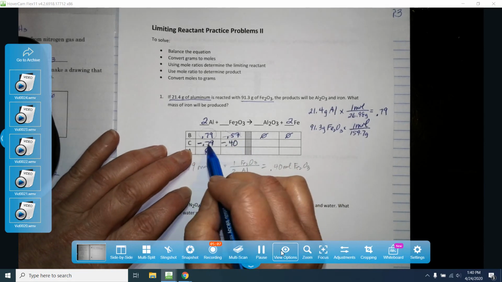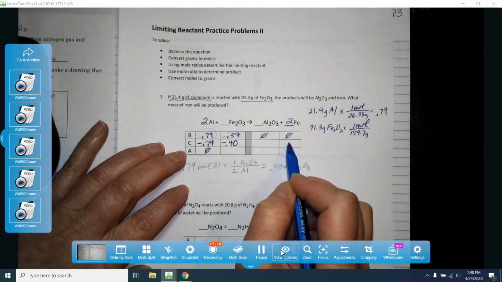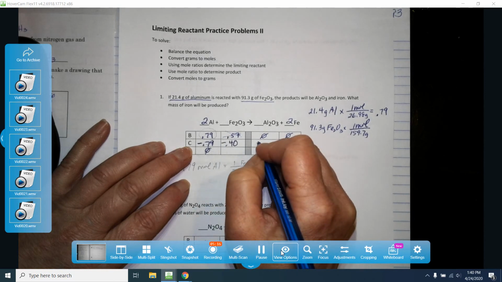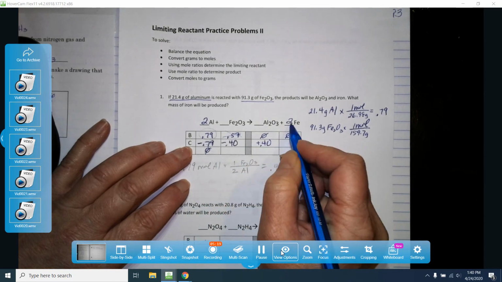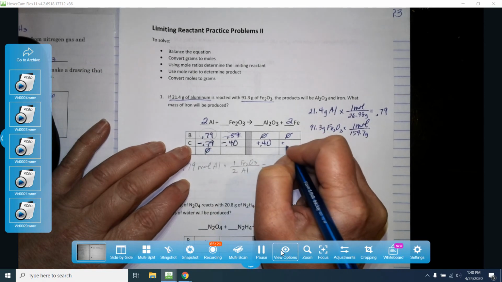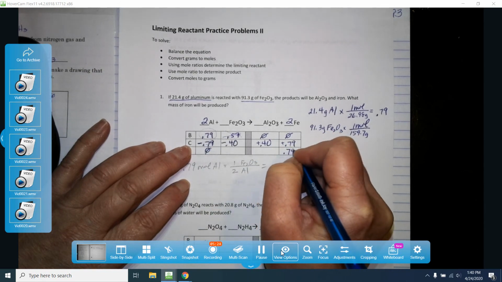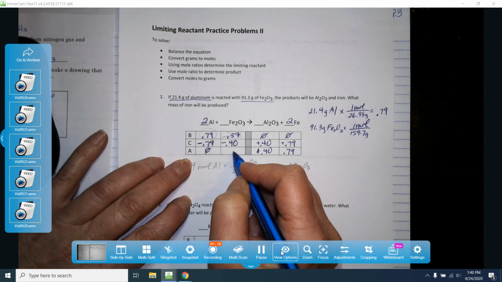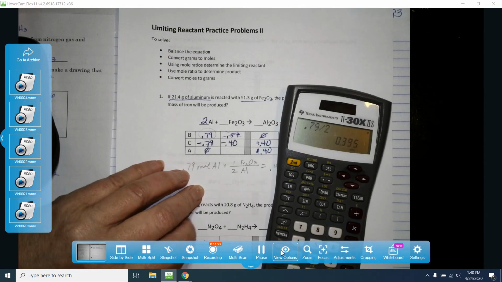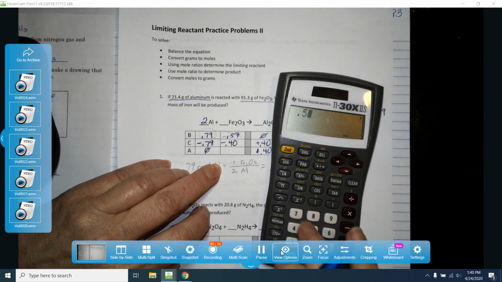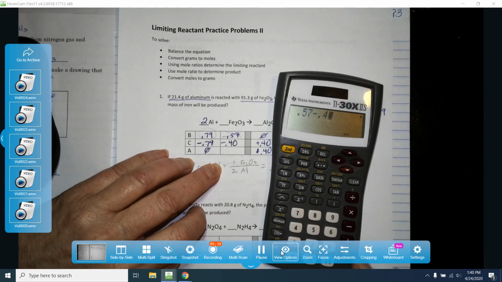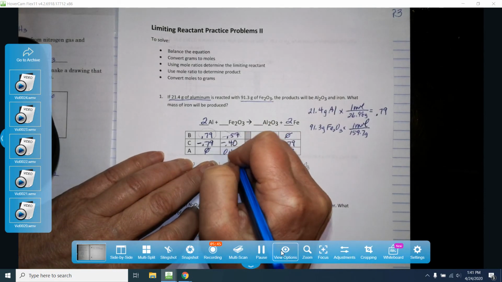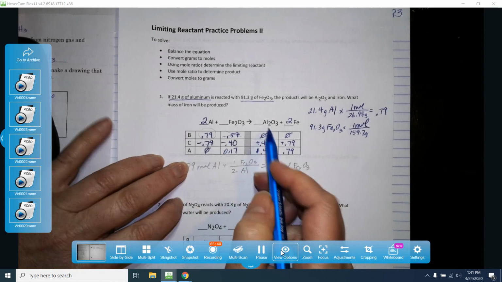This coefficient is a 1, which is the same as that, so I'm not going to redo my math. Same coefficient there, so this amount is the same, 0.40. Then I'm going to calculate my excess: 0.57 minus 0.4, and I get 0.17.